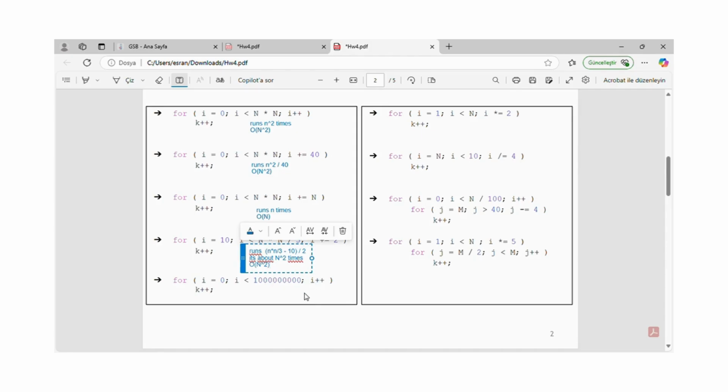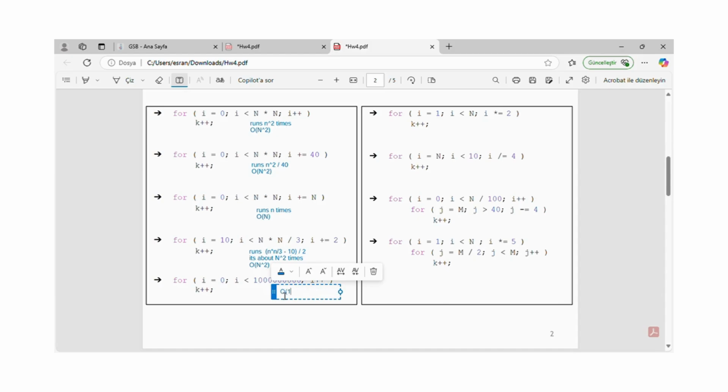Next one. Here, as you can see, there is a huge number, and this is a fixed number of iterations, and it is not dependent on n. So here our answer is O(1).